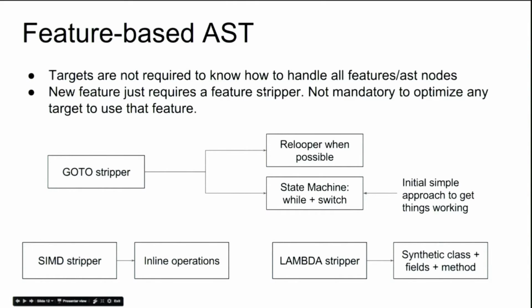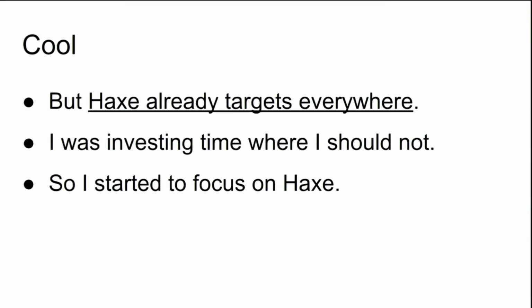So, as I said, targets are not required to know how to handle all the features, and new features just require a feature stripper. It's not mandatory to optimize every target to use that feature. So a Goto stripper will convert jumps or Gotos into while and switch, or try to reconstruct if else, whiles, and so on.